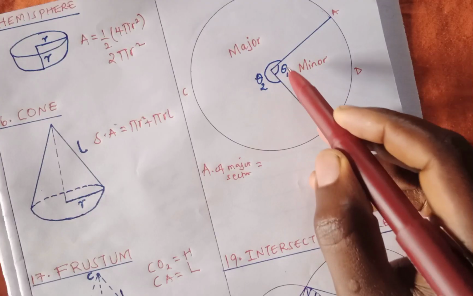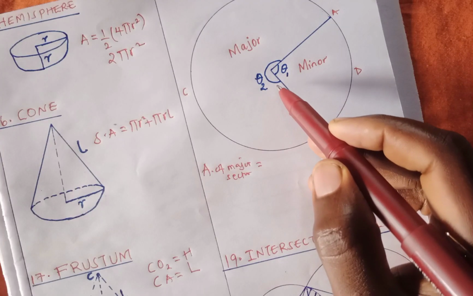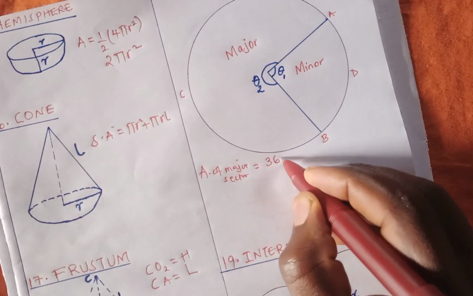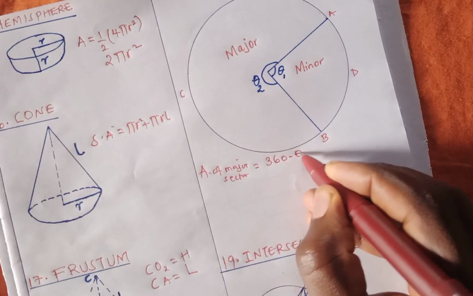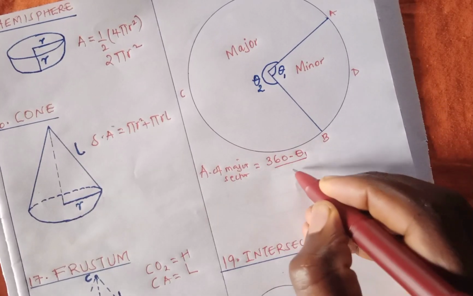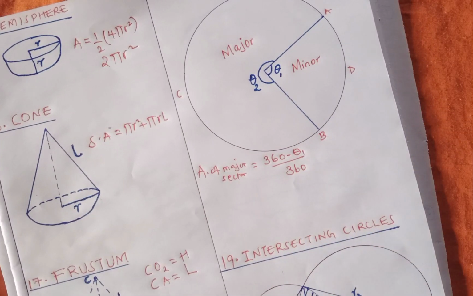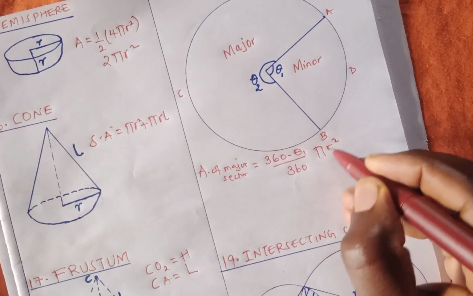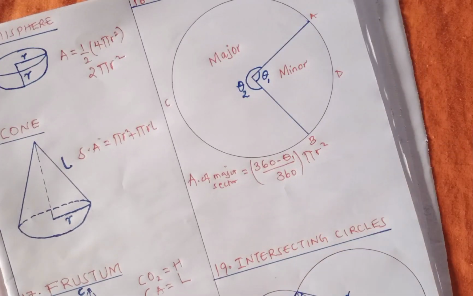So to get theta 2, you take 360 degrees away theta 1, and you divide by 360, and then you say pi r squared. That is the area of the major sector.